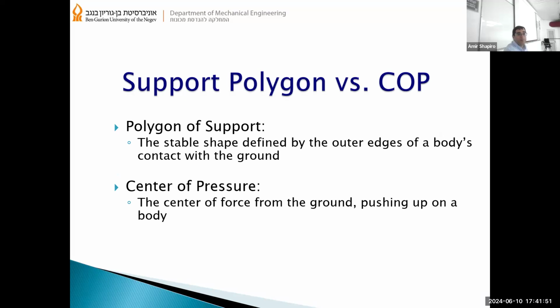Support polygon. If the robot touches the environment in several contact points, I draw the polygon between the contact points, and the center of mass must be above this in order to maintain stability. If the center of mass will be outside this polygon, then the robot will fall, will tip over.